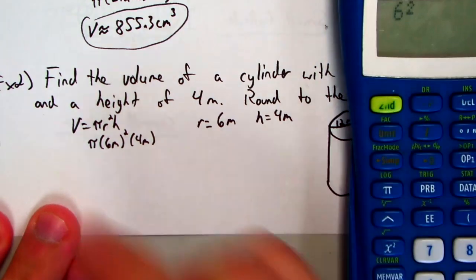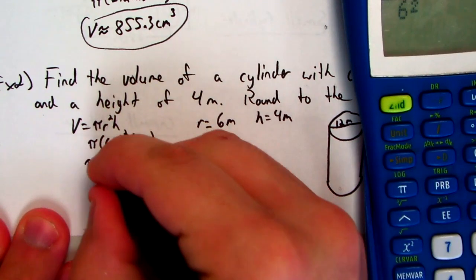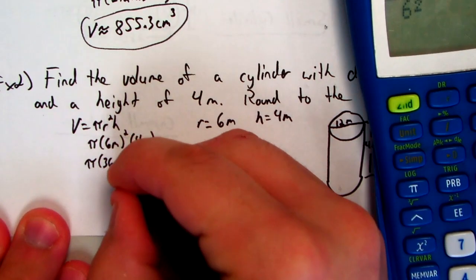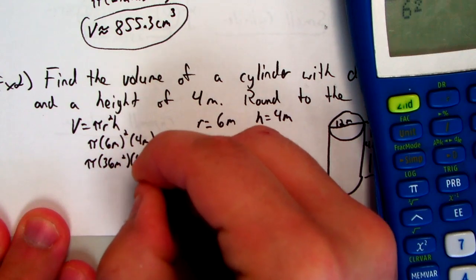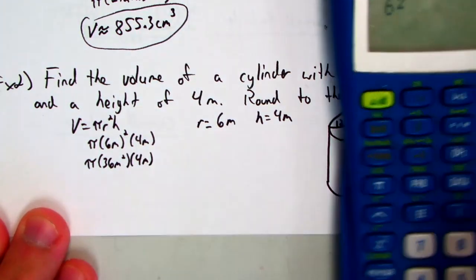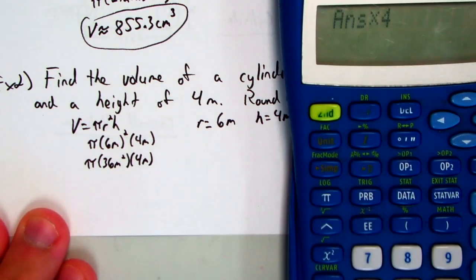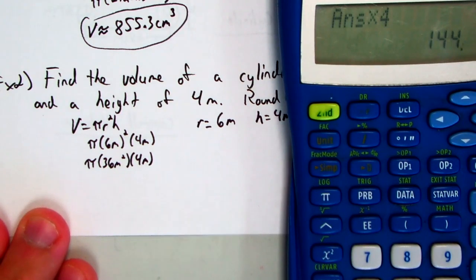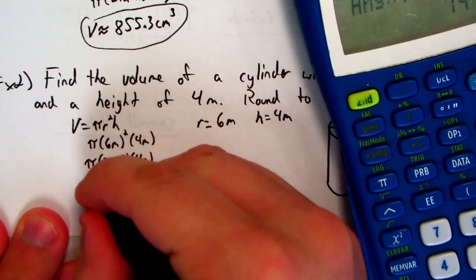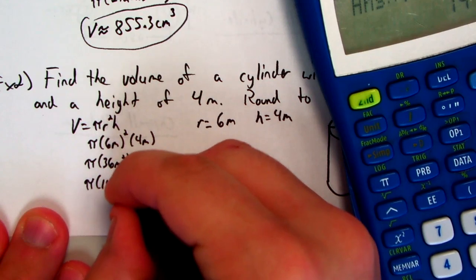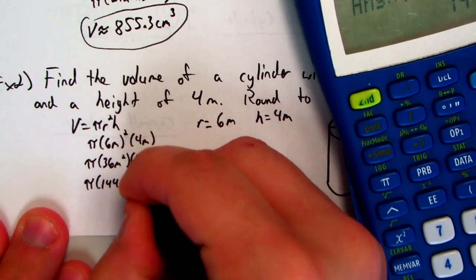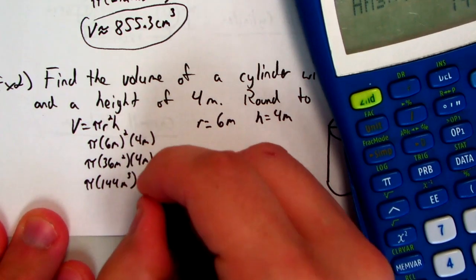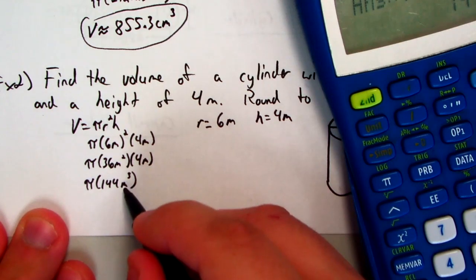So this is going to be pi times 36 square meters. Multiply that by 4. We get 144. Now because we've done meters squared times meters, this is meters raised to the third power, or meters cubed.